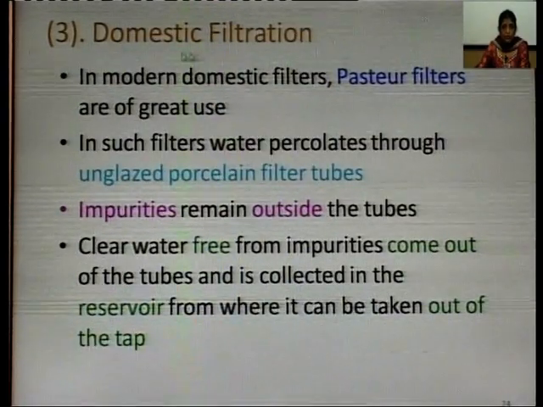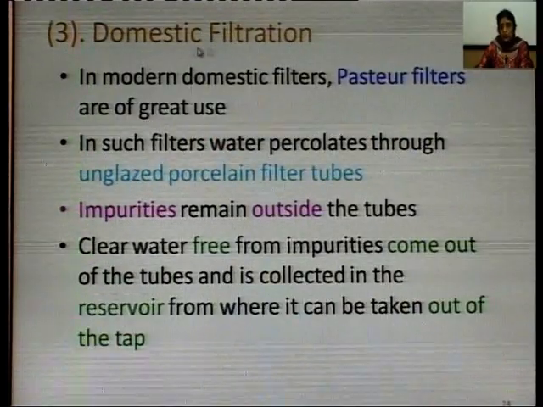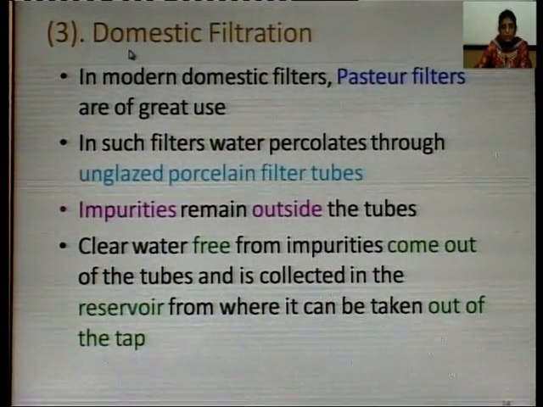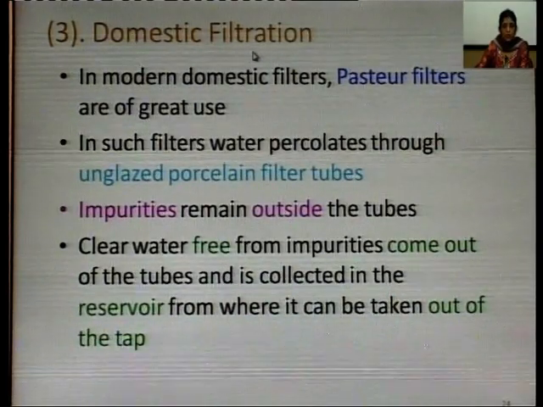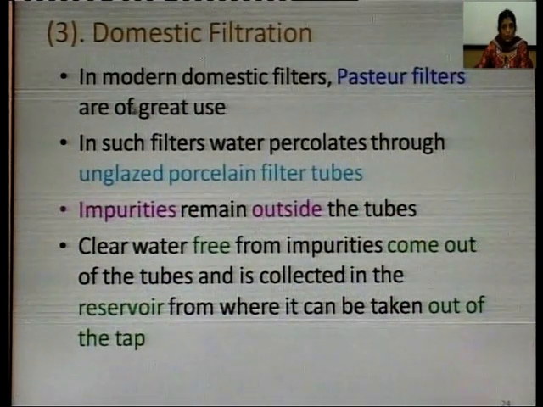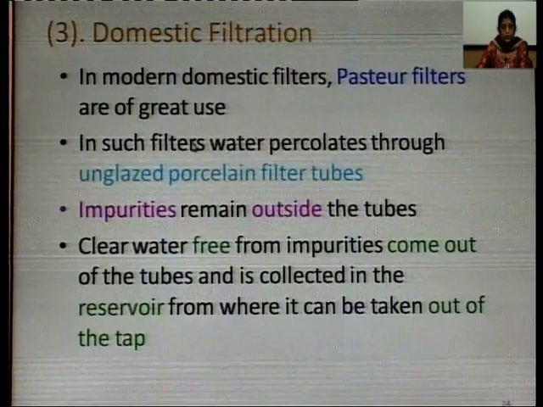Now, domestic filtration: the filters which we can use at our homes. Such filtration may be termed domestic filtration. In modern domestic filters, Pasteur filters are generally used.